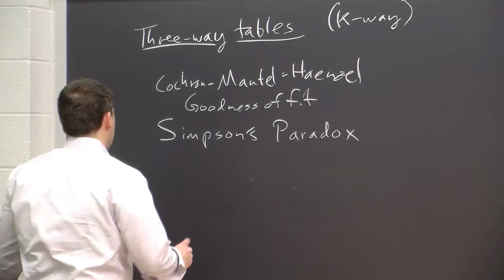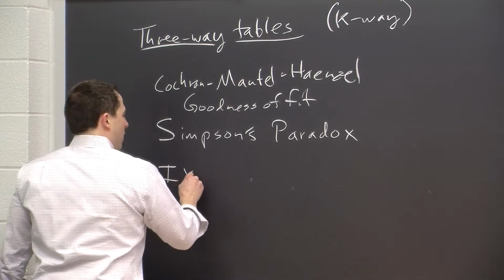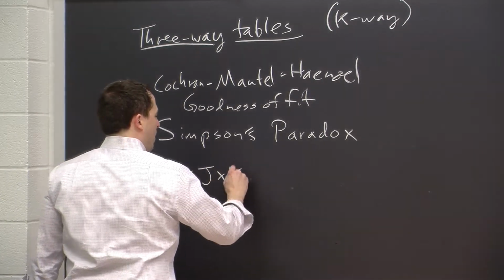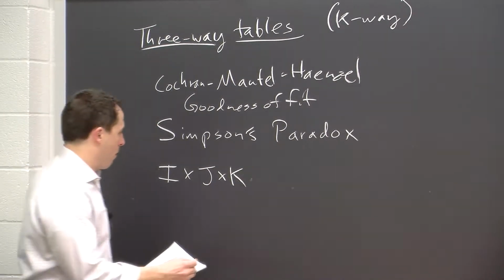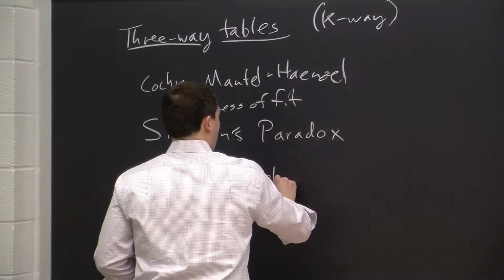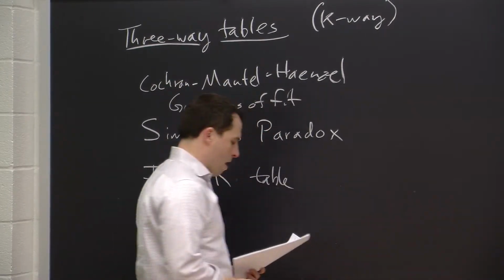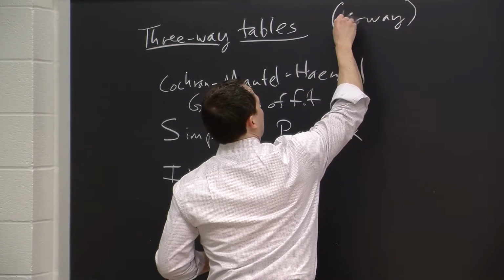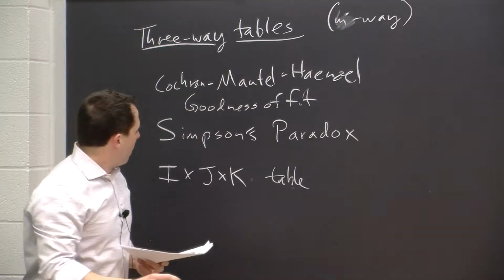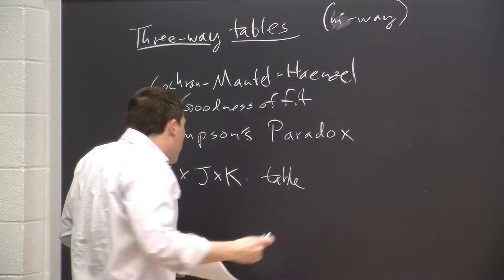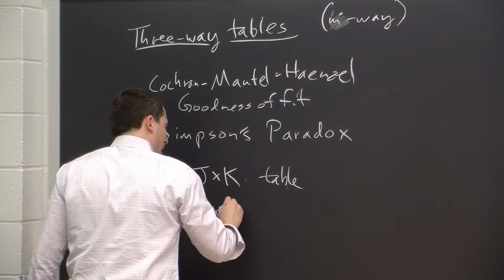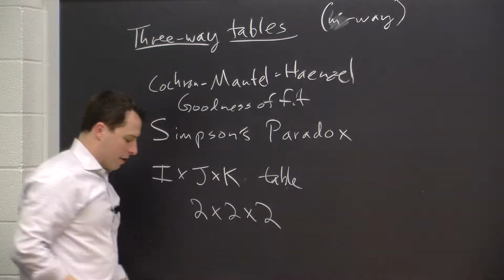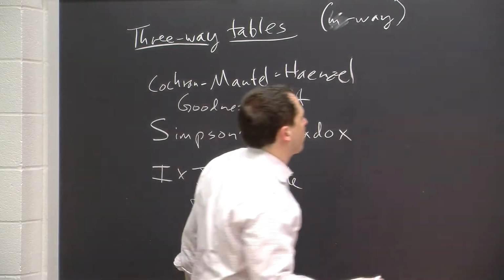Okay, so now we'll have, say, a three-way, so an I by J by K table. The simplest such table is one which is just 2 by 2 by 2, and this is just a table of counts.